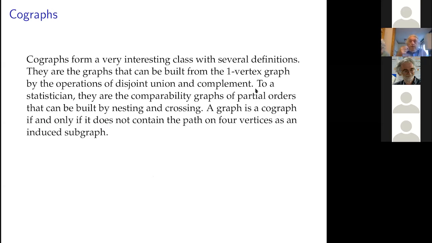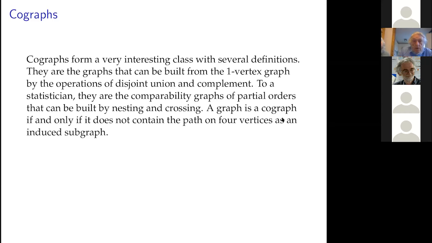So you're allowed to take graphs that you've built so far, take their disjoint union, or take the complement of that. They are precisely the comparability graphs of partial orders that can be built by nesting and crossing. So this roughly means disjoint union or ordinal sum of partial orders.